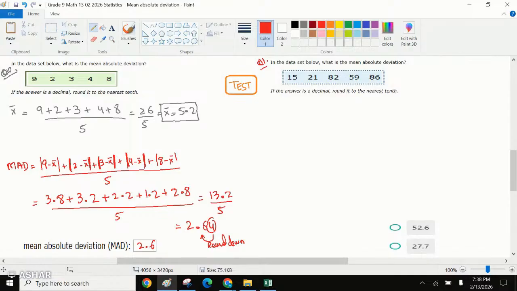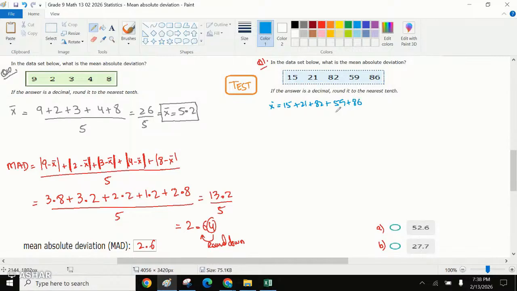So the given numbers are 15, 21, 82, 59, 86. Okay. And the given options are these two.